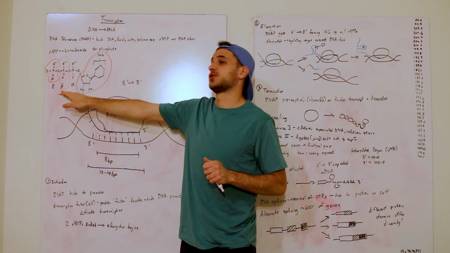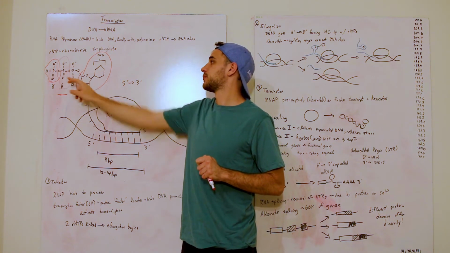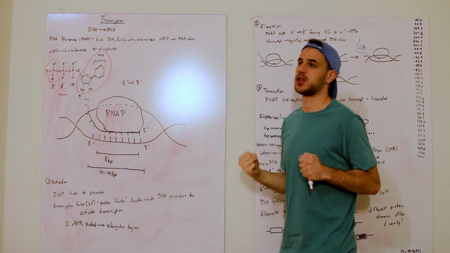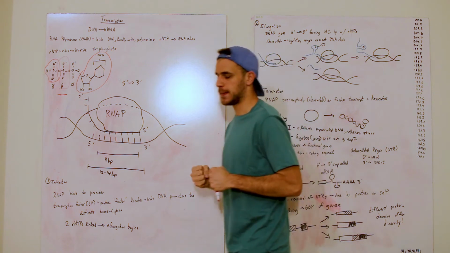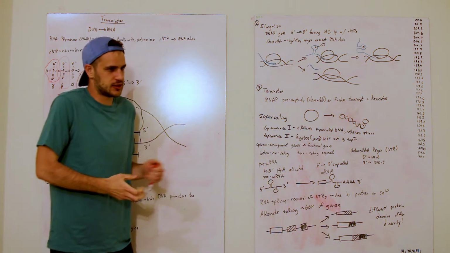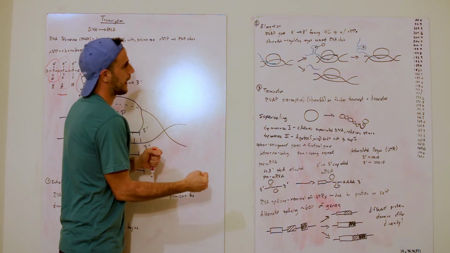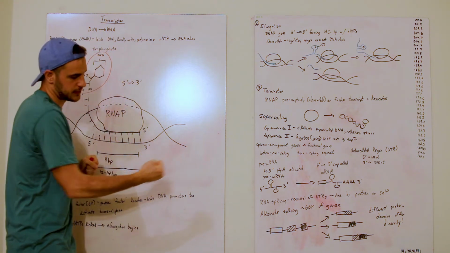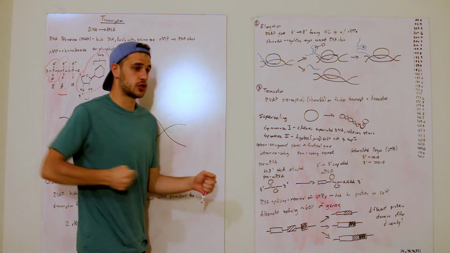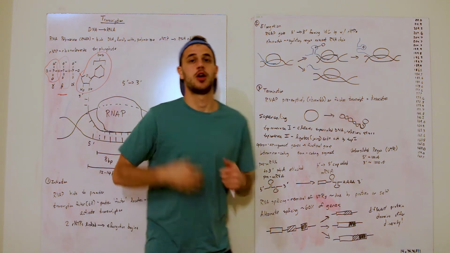So you shoot off this beta phosphate, and that gives you a bunch of energy. It's all energized, it's ready to go and do some major damage, and just joins on and holds on with its life to this new RNA chain. And so that allows it to drive this force.